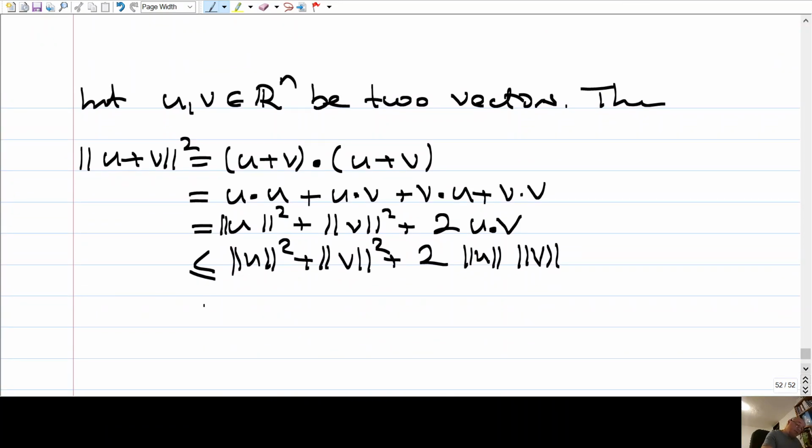But this expression is something familiar. This is just norm u plus norm v, squared, right?